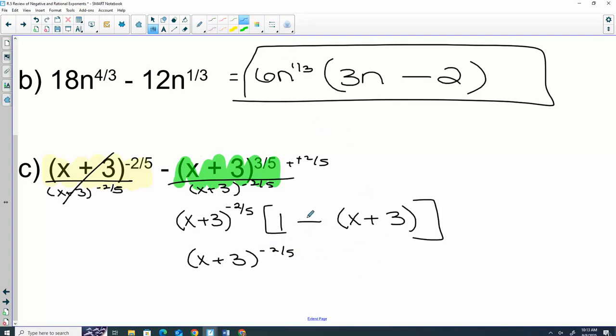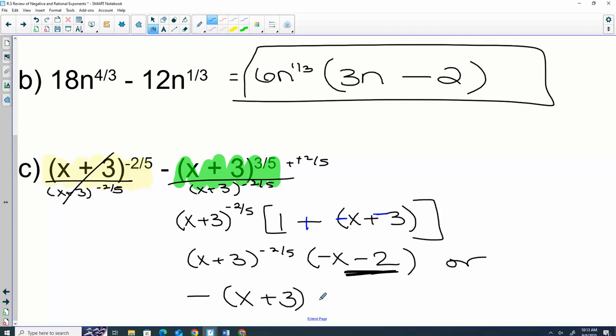Inside here, I could clean this up a little bit, distribute my negative, combine like terms. So we have a -x, 1 plus -3 is -2. You could even, what do both of these terms have on them? A negative. You could factor out a negative if you want. You just bring it to the front of the entire thing if you choose to do that.